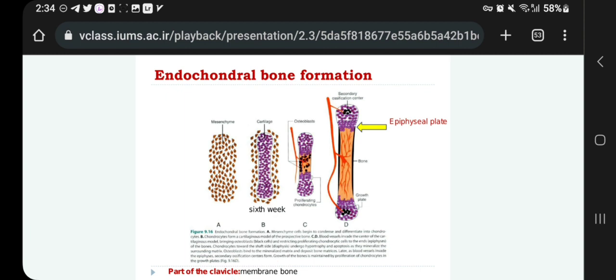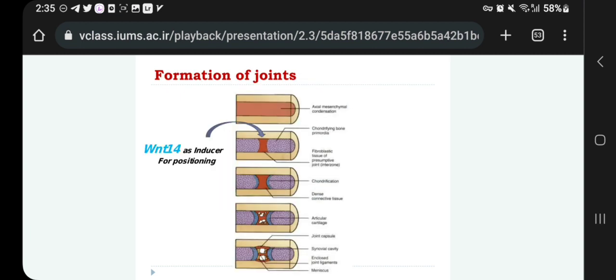The cartilage appears in the fifth week. Let me show you the interzone, and here the formation of the joint.